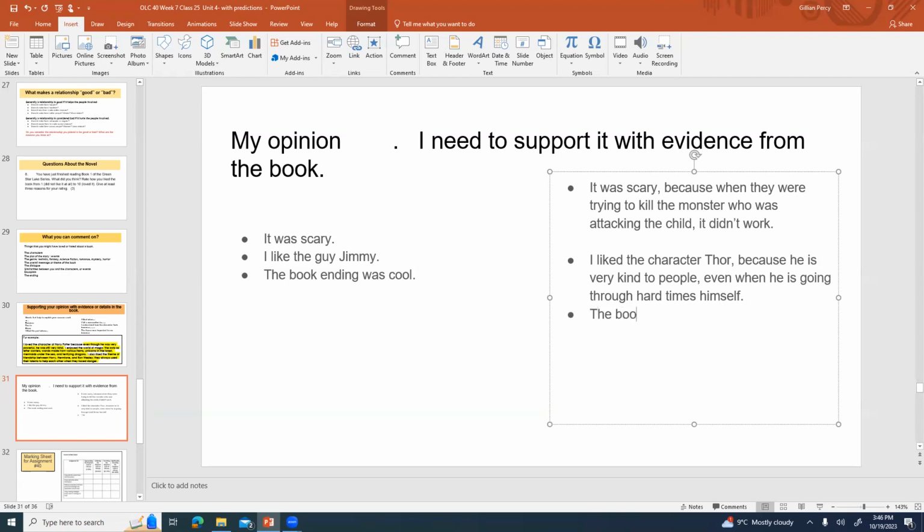The book ending was cool. I'm not going to talk about Jamie. I'm going to talk about a different book. Let me think here. What have I read recently? I'm going to just make something up: because the detective not only caught the killer, but he reunited with his long lost love.